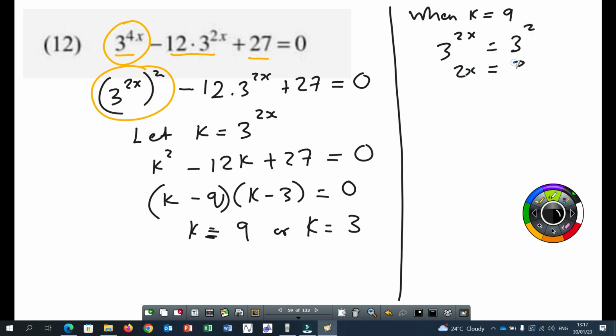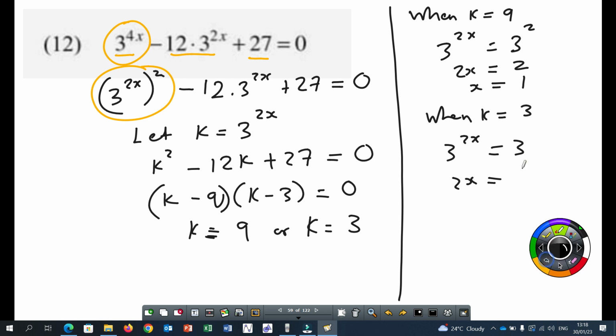So we have 2x equal to 2, and x becomes 1. Then, when k is 3, we get 3 to the power of 2x equal to 3, which means 2x will be equal to 1, which means x will be a half. So these are your two solutions.